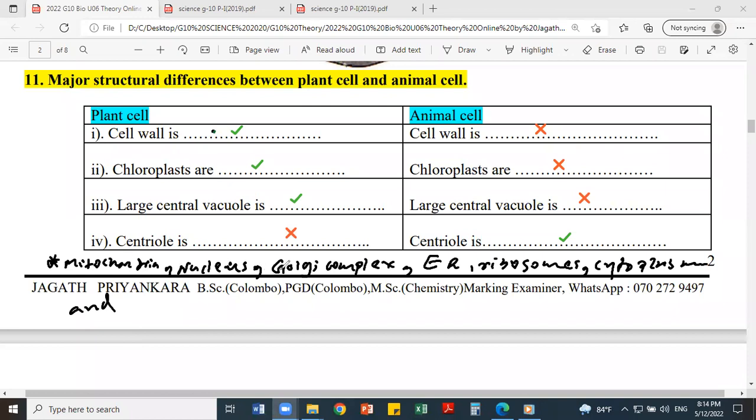But mitochondria, nucleus, Golgi complex, ER, ribosome, cytoplasm, then cell membrane. Cell membrane common to both.